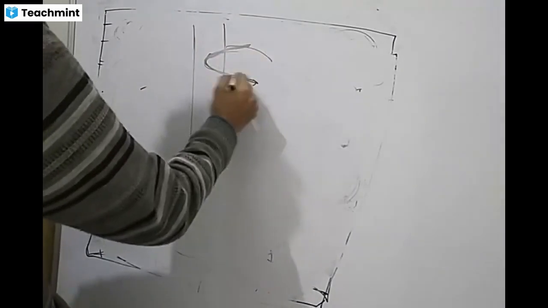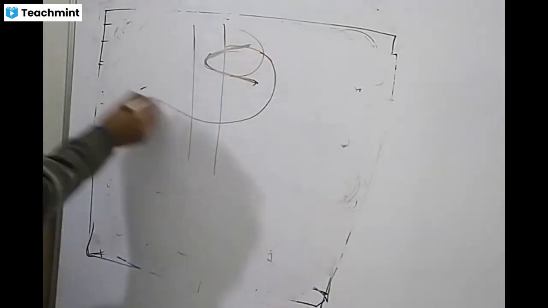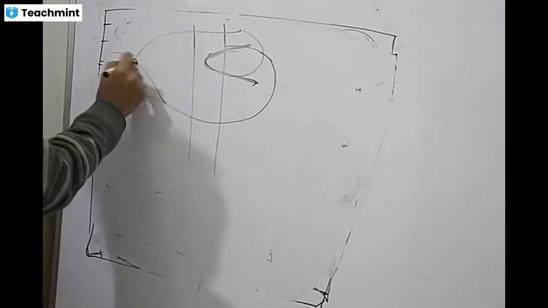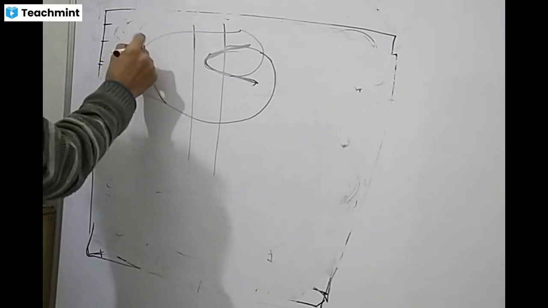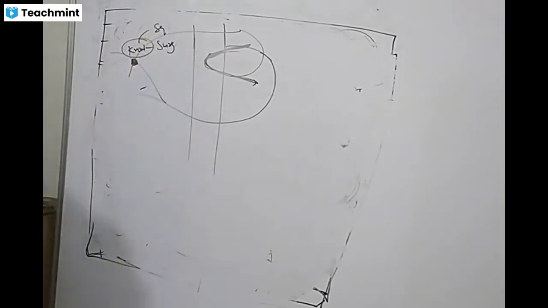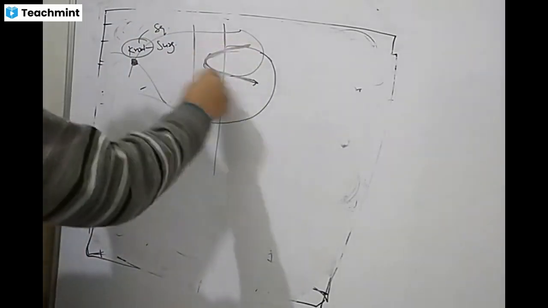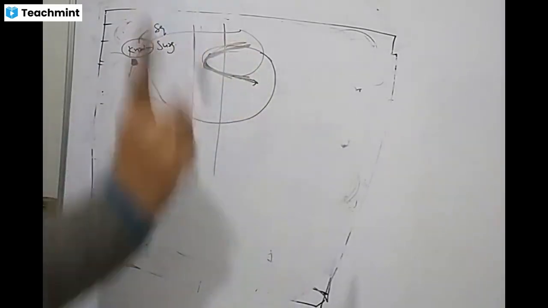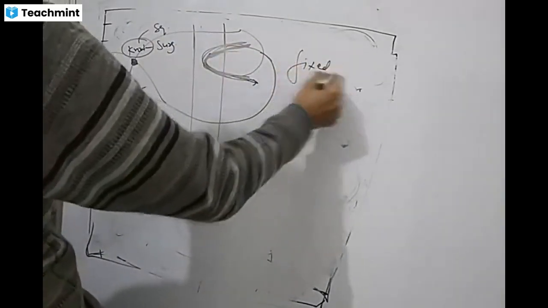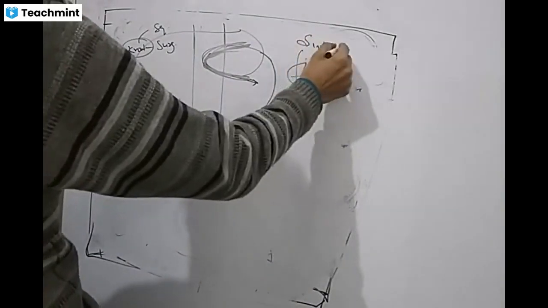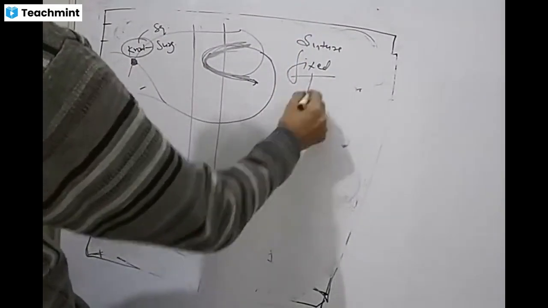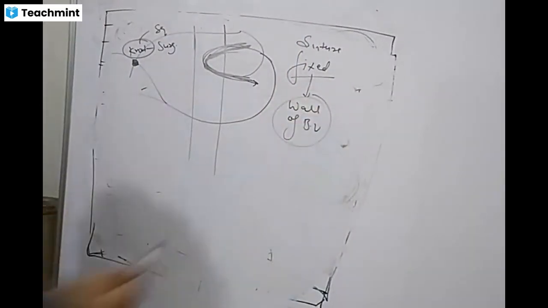Then you come to this side and tie here. Here we apply a knot, which may be square or circle. In this manner, our suture material is fixed in the wall of the blood vessel, so there are no chances of slippage.